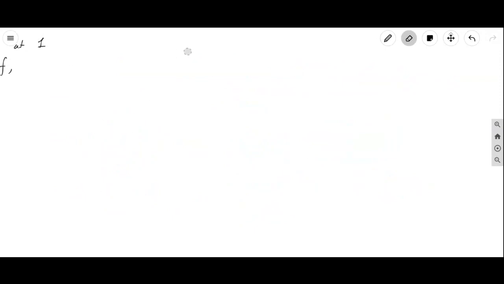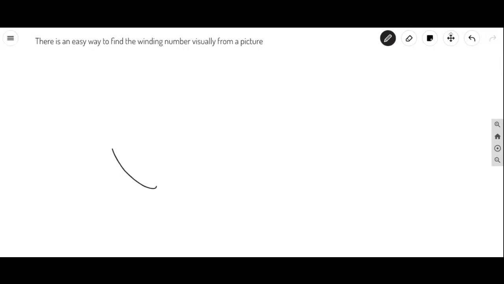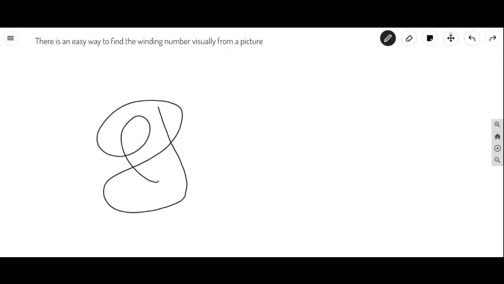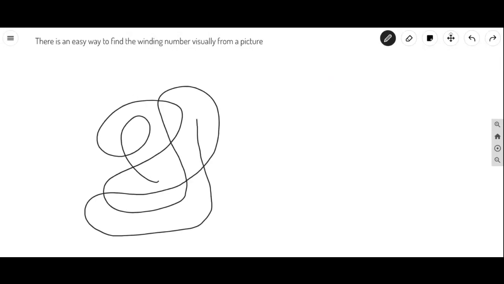And so there is a trick. So let me just say this. There is an easy way to find the winding number visually from a picture. So let's say we have a very complicated curve like this.